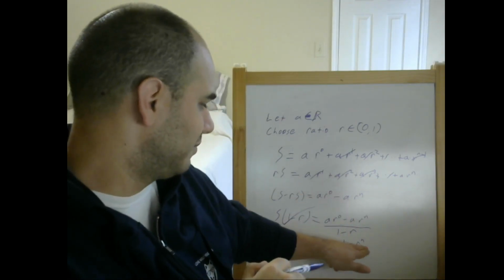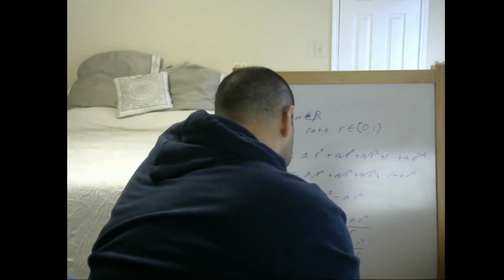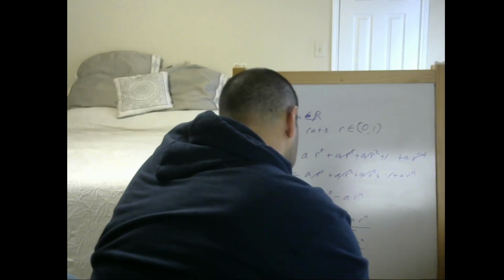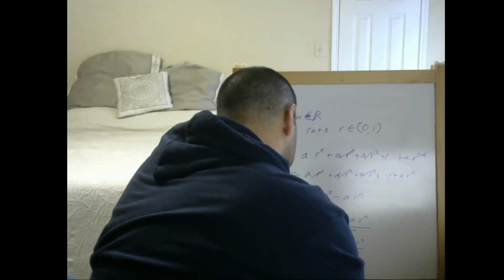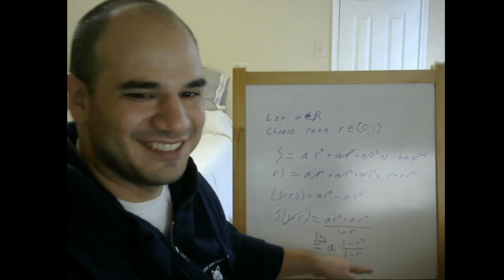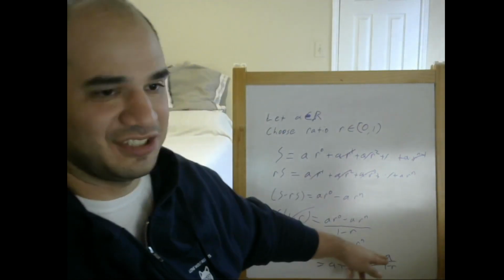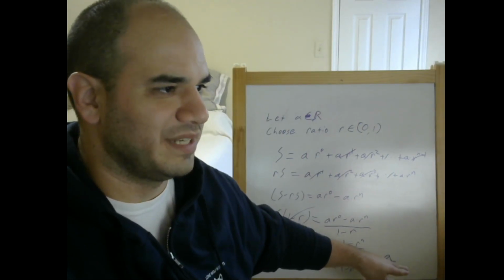So as n goes to infinity, don't know if you can see that, but that's actually a 0, right? R to the n is 0. So then you get something of this form, where it simplifies to just a divided by 1 minus r.